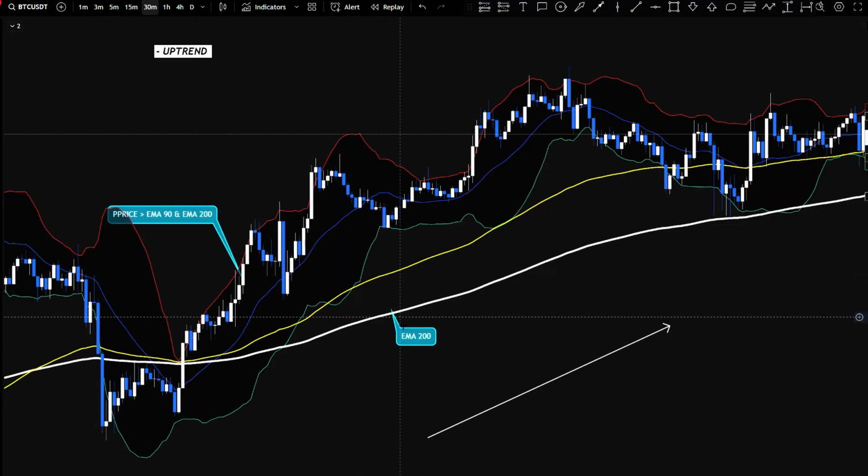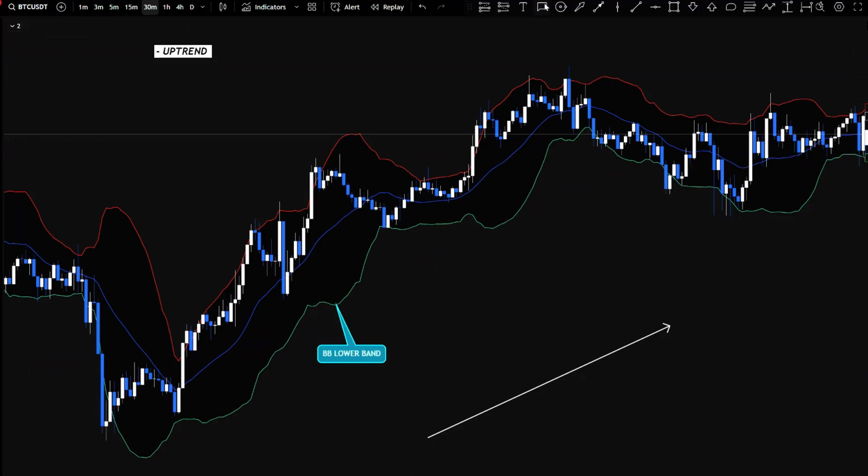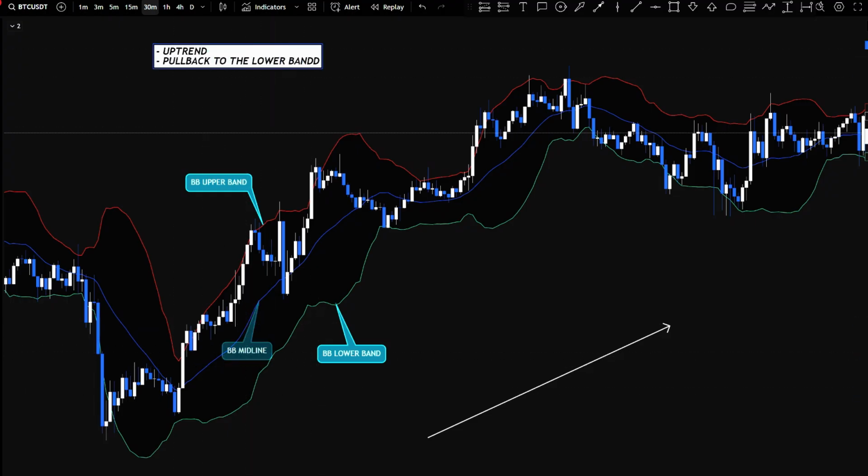We're looking for when the price candles come down and touch or get really close to the lower Bollinger Band. Think of that as your first little heads up, your first clue that maybe a move back up is coming.